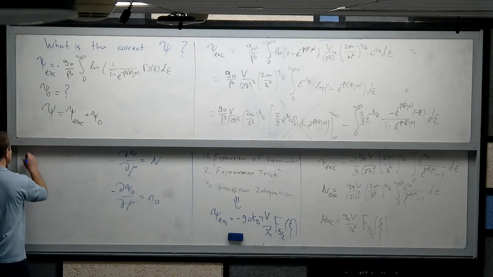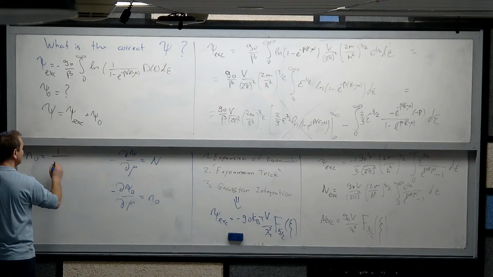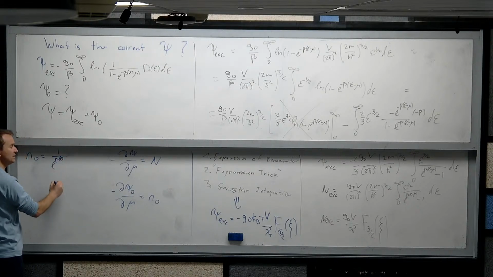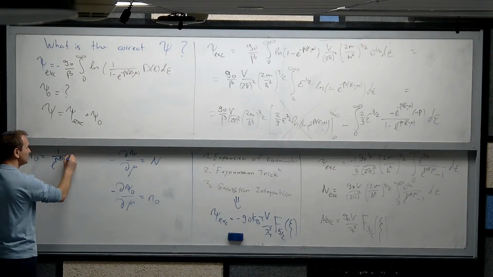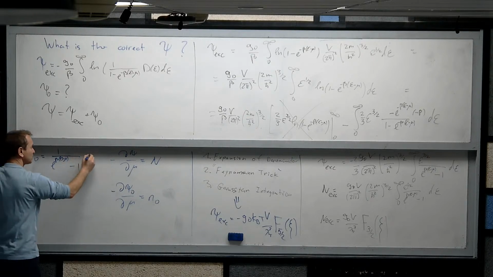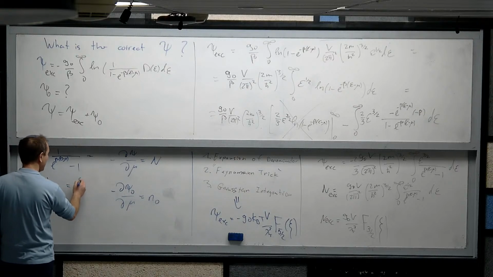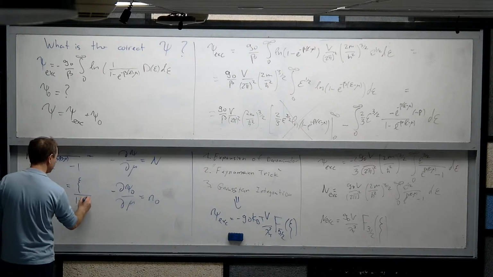What is n0? n0 is 1 over e to the power beta (0 minus mu) minus 1, which is 1 over the inverse fugacity minus 1, which is the fugacity divided by 1 minus the fugacity.